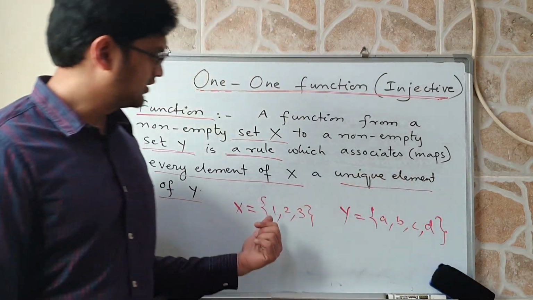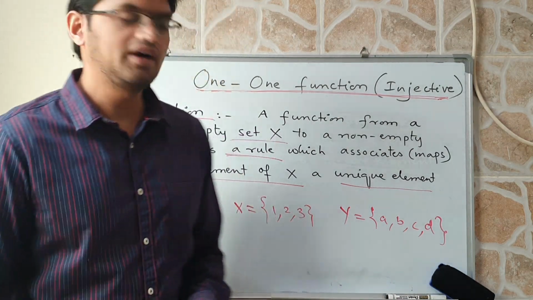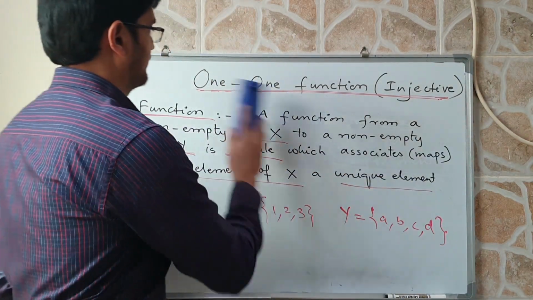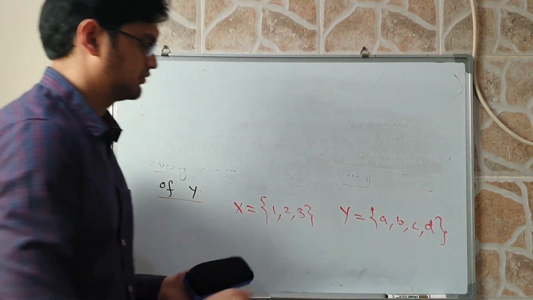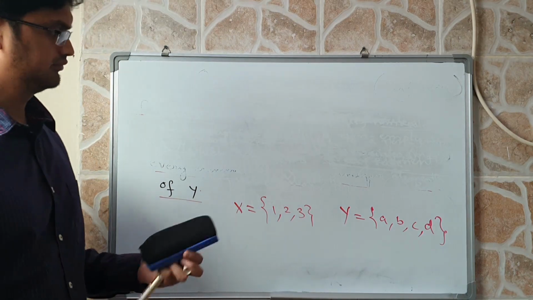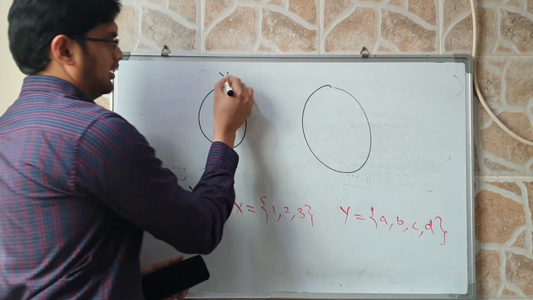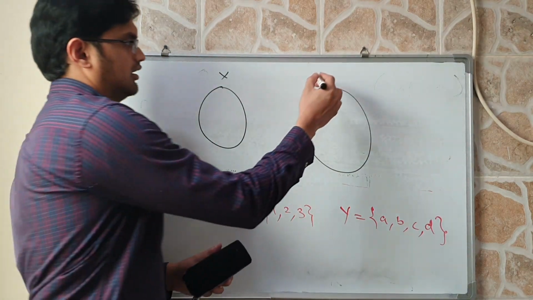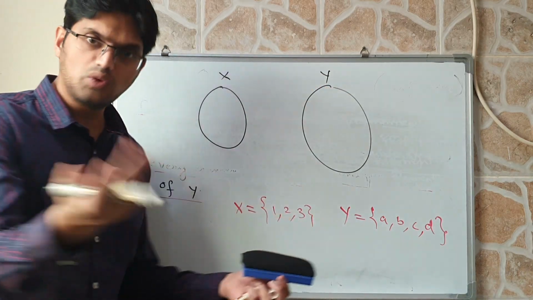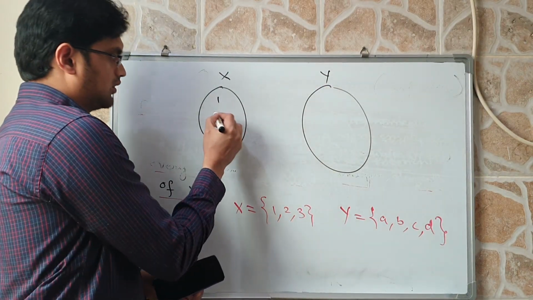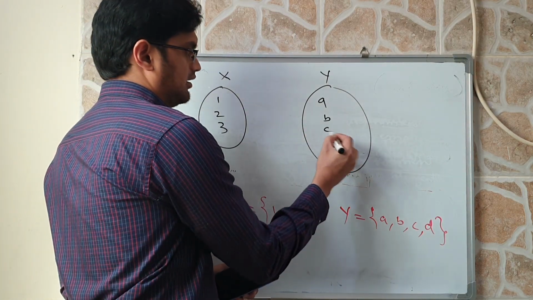So I have taken X equal to 1, 2, 3, Y equal to A, B, C, D. Now I'll define this with the help of a tree diagram. Here I'll take X, here I'll take Y, because I am taking function from X to Y. So now I'll write 1, 2, 3, then here A, B, C, D.